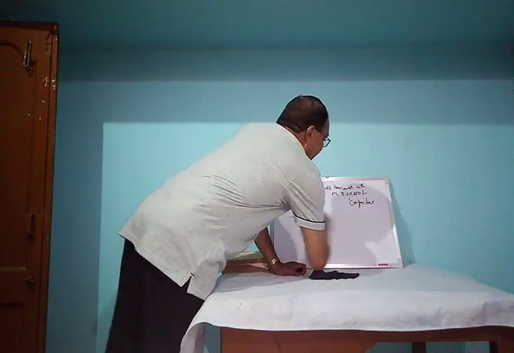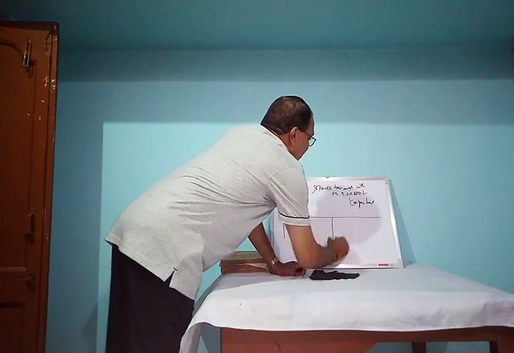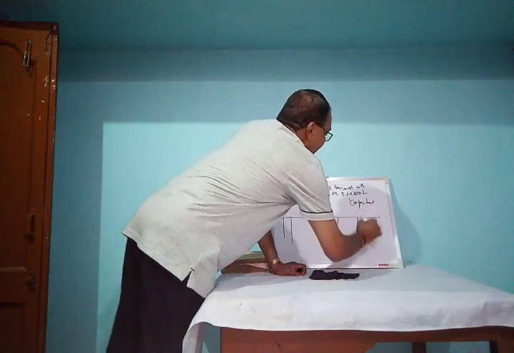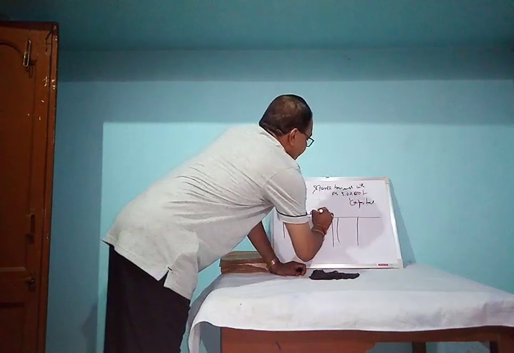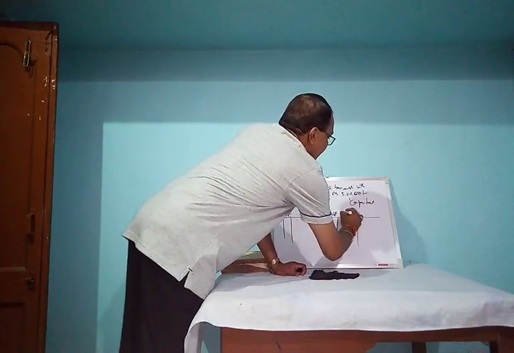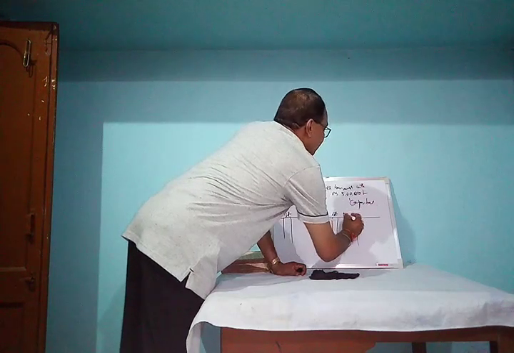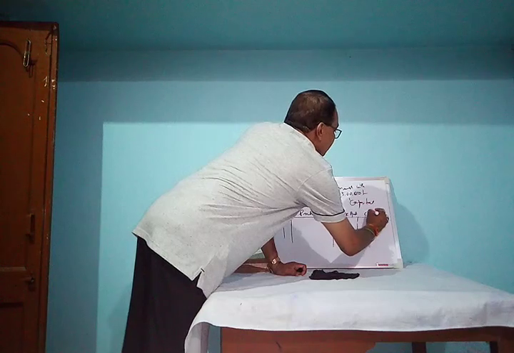Our journal pro forma is like this. First is date, then particulars, then ledger folio, then debit amount and credit amount. In short you can write Dr. debit amount and credit amount.